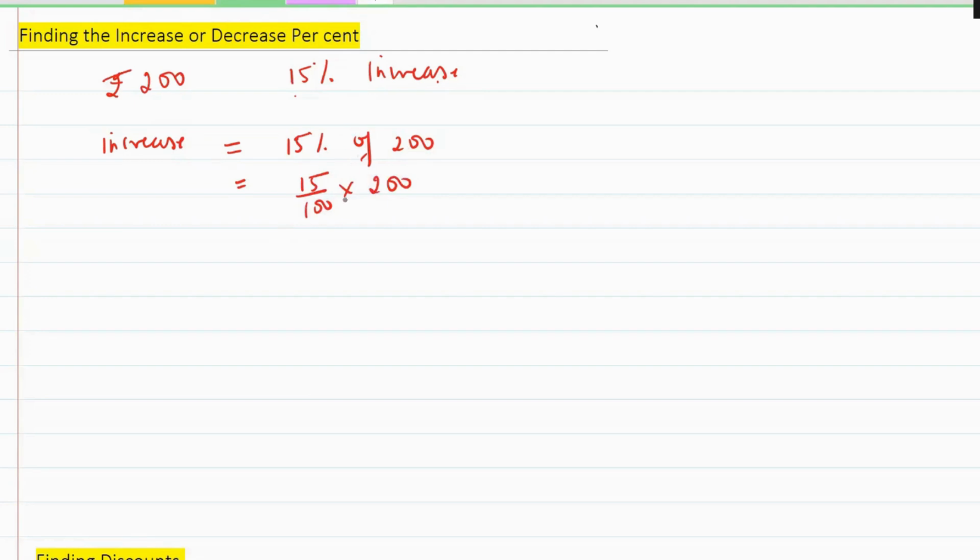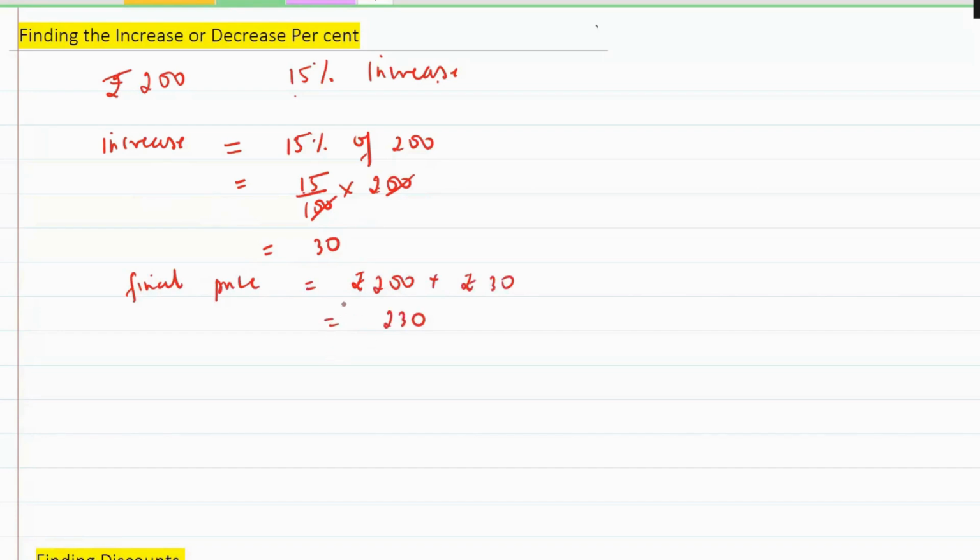Of means multiplication, percentage means upon 100. So we can cut these two zeros, which gives 30. 15 twos are 30. The increase is 30 rupees. So the final price after a 15% increase will be rupees 200 plus rupees 30, which is 230 rupees.